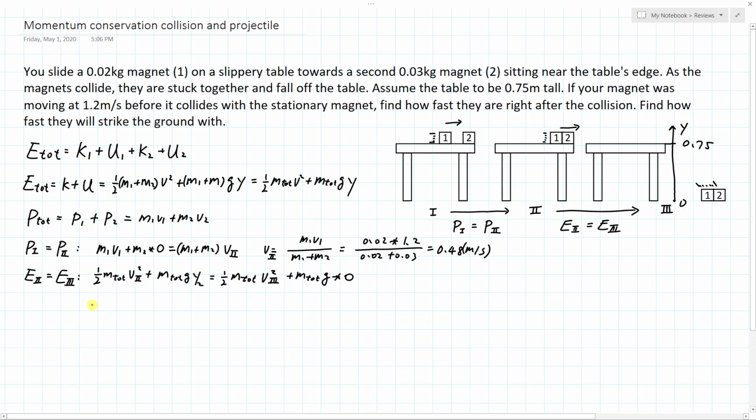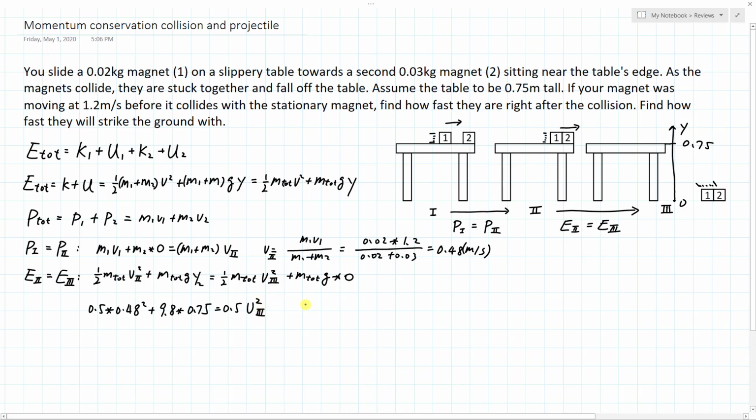So we have 0.5 times this 0.48 squared plus, M total is gone, 9.8 times the height, 0.75 meters, equals 0.5 V Roman numeral 3 squared.